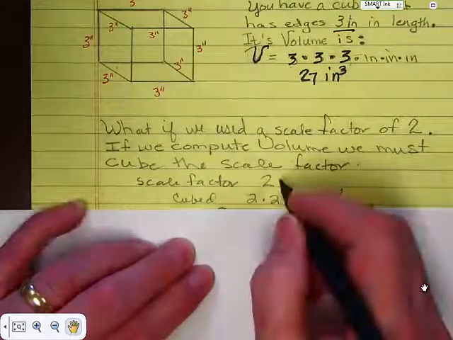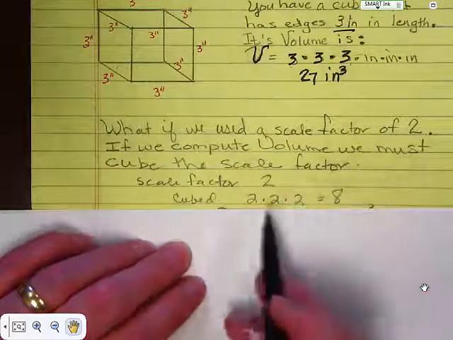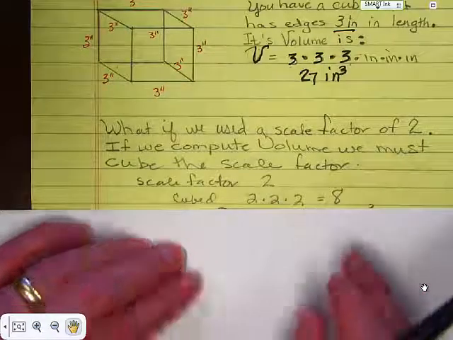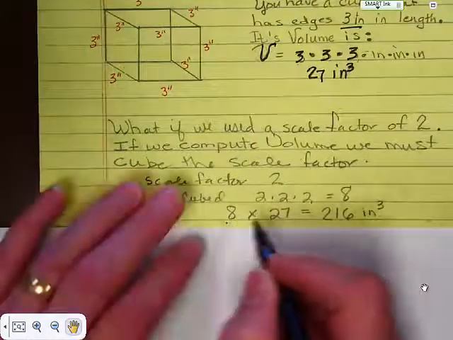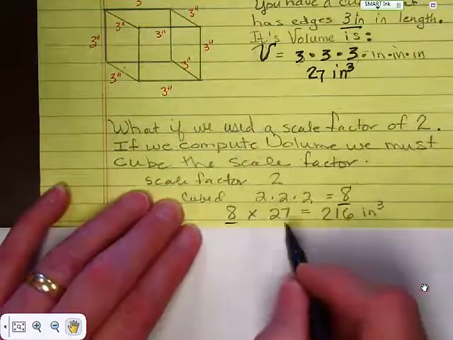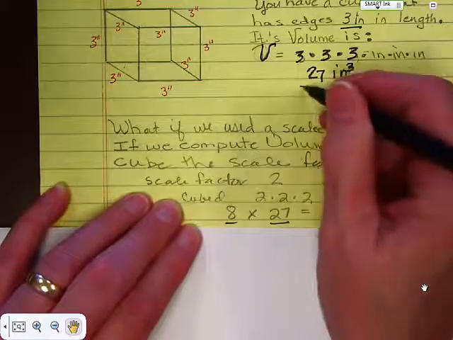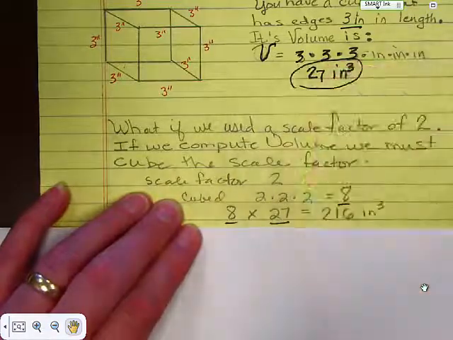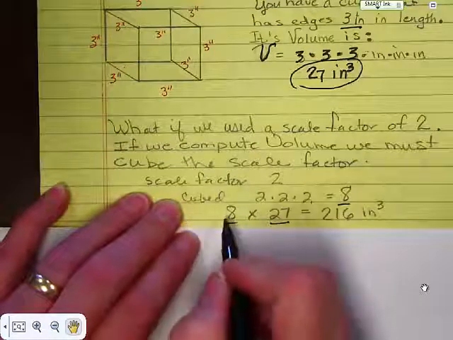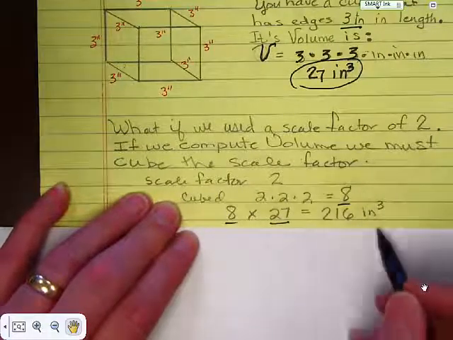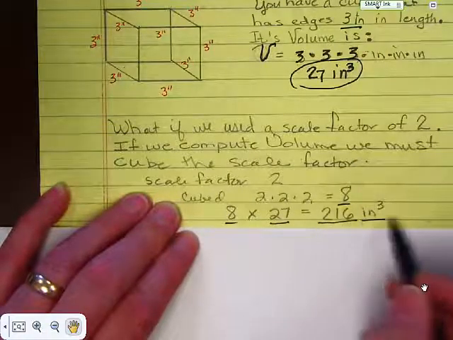So 2 to the third power, 2 times 2 times 2, is 8. Then we multiply it by the first volume, the 27 for the smaller one. 8, the scale factor cubed, times 27 equals 216 inches cubed.